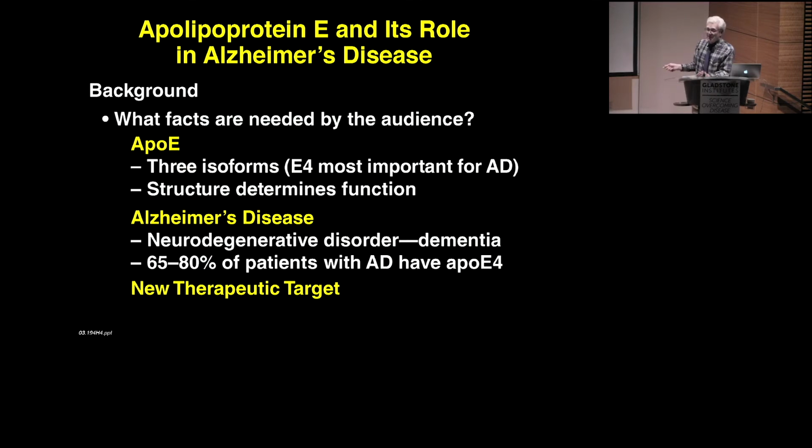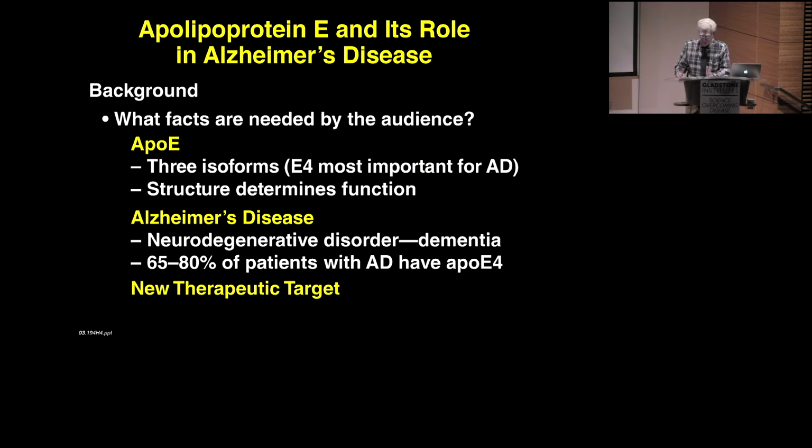I must put in the background, before I give you my message, something about Alzheimer's disease, a neurodegenerative disorder associated with dementia. But importantly, this is an important protein because 65 to 80% of all patients with Alzheimer's disease have the ApoE4 form, and this represents a new therapeutic target.